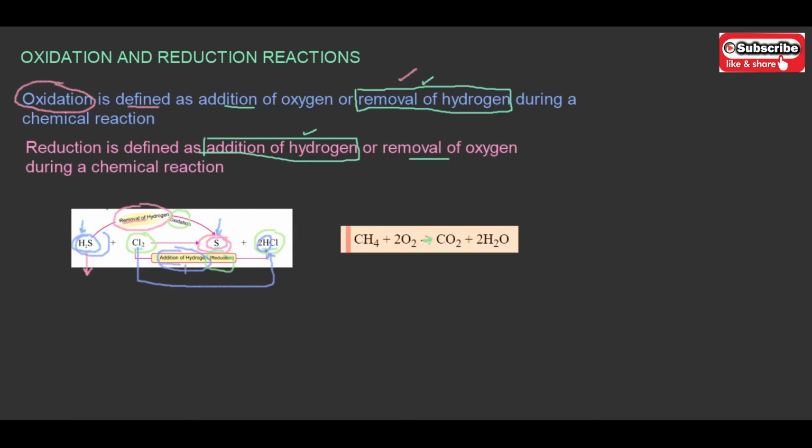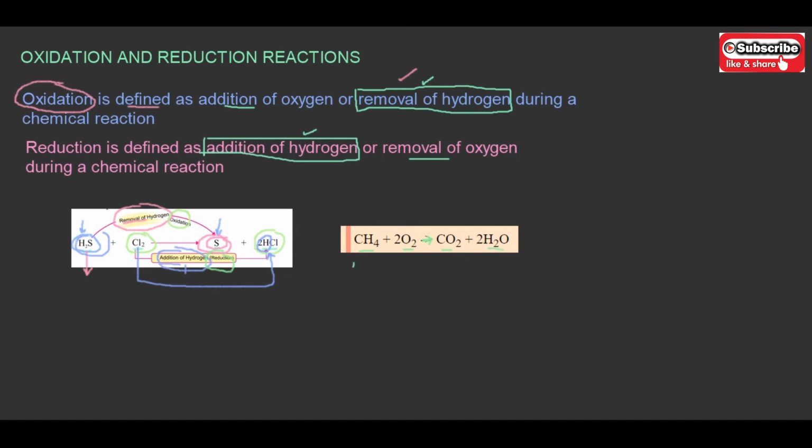Now this is another example in which CH4, known as methane, reacts with oxygen and produces carbon dioxide along with water. H2O is water, CO2 is carbon dioxide, O2 is oxygen, CH4 is methane.